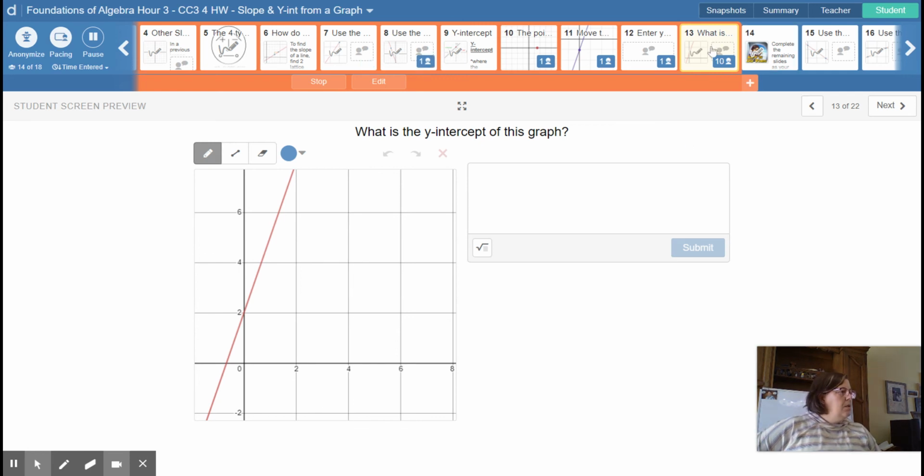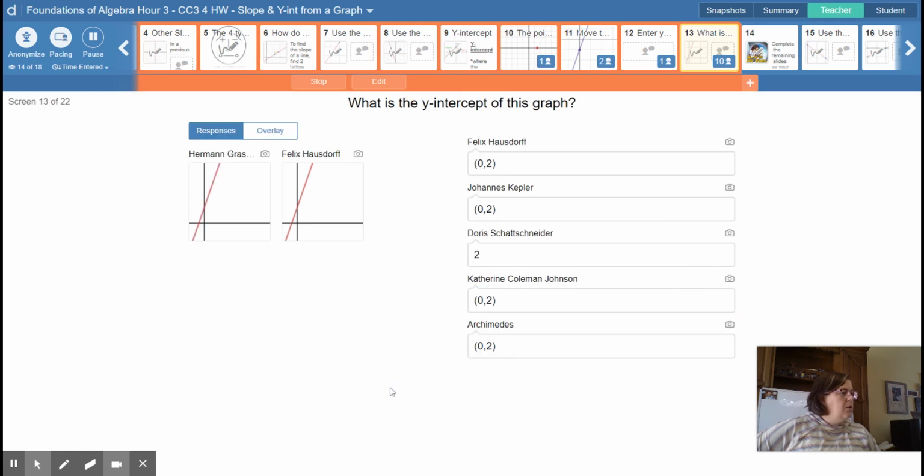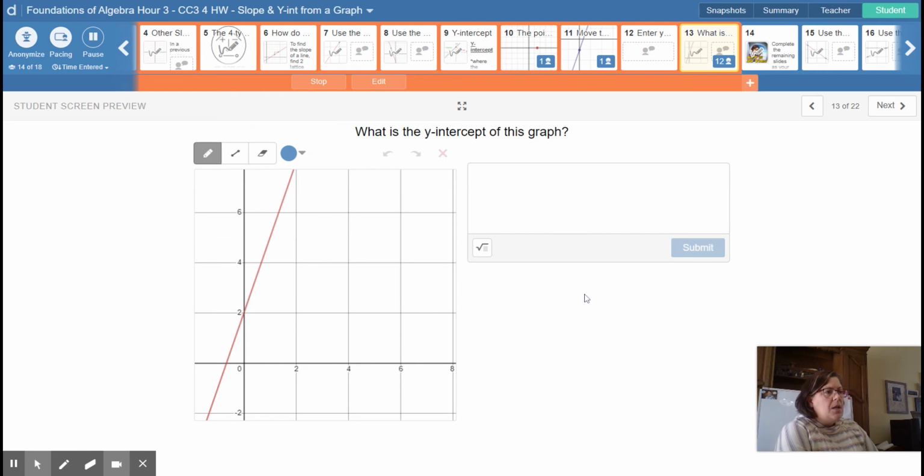All right. Let's see what most of you have put for an answer. Good. Yeah, this one was very straightforward. This one is just asking you, what's that y-intercept? And most of you, I noticed, put this as a coordinate pair. I love that. I feel like that's going to be more beneficial to you when it comes time to writing equations, actually.